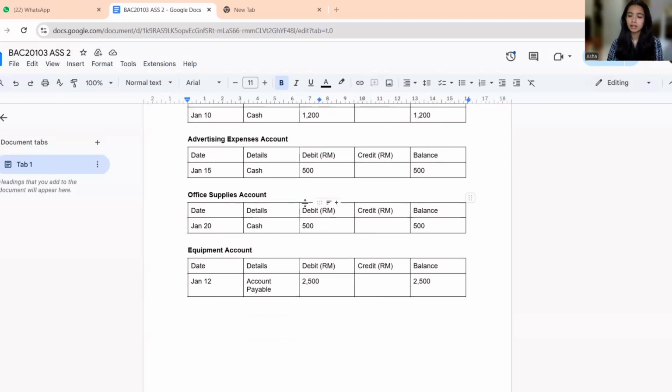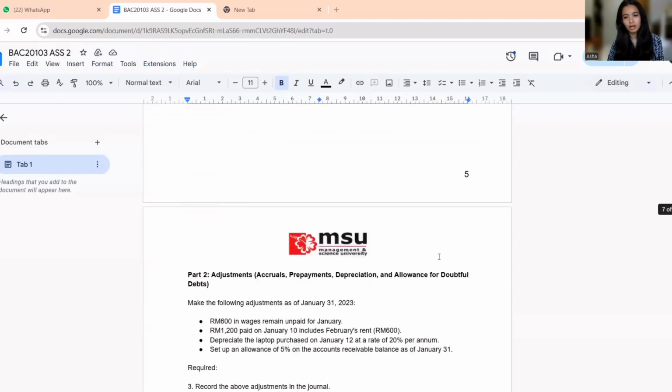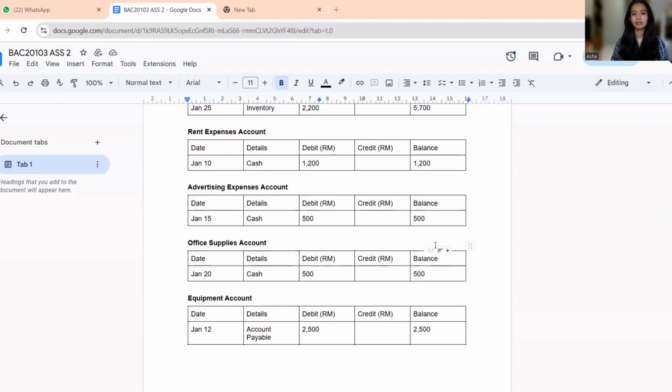On the office supplies account, on the 20th January, cash, 500 ringgit on the debit side, balance 500. Equipment account, on January 12th, account payable, 2,500 ringgit on the debit side, and the balance is 2,500 ringgit. I think that's all from me. Let's move on to the next question.